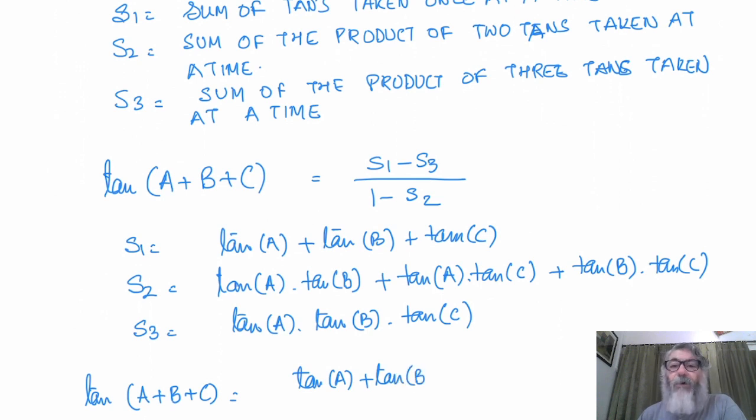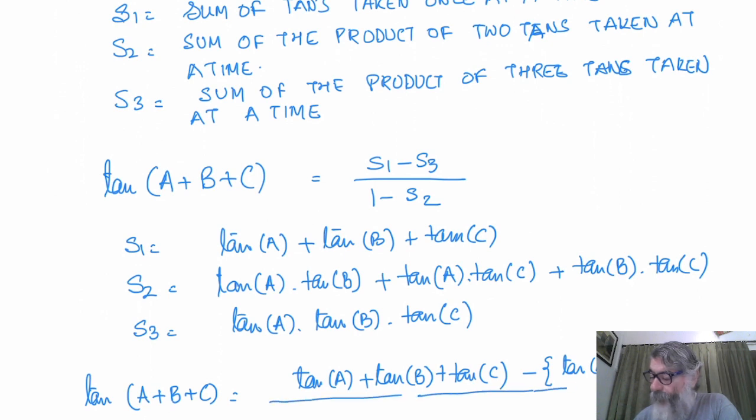In the numerator, all our odd subscripts are there: S1, S3, S5, and then three at a time, so tanA, tanB, and tanC, upon, what will I get? 1 minus S2.